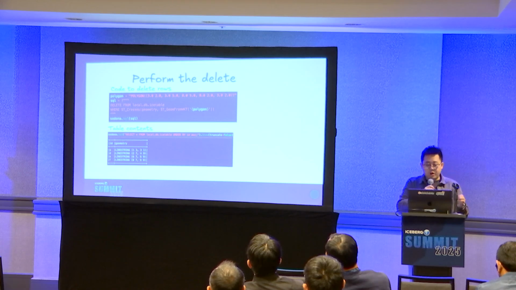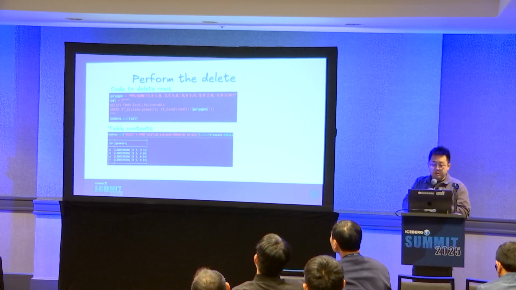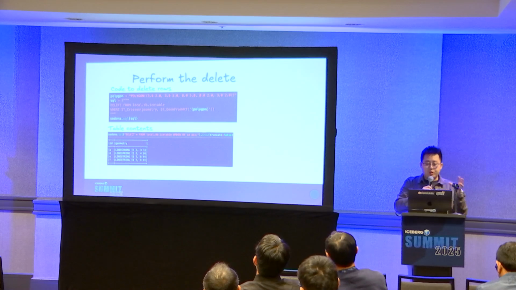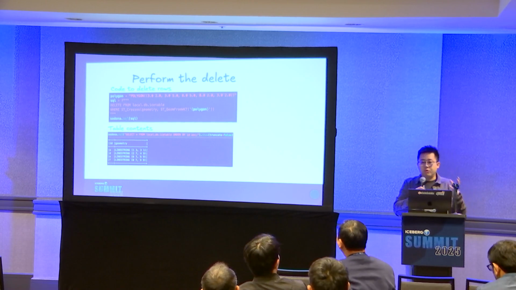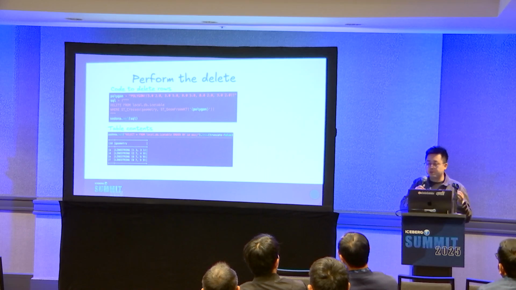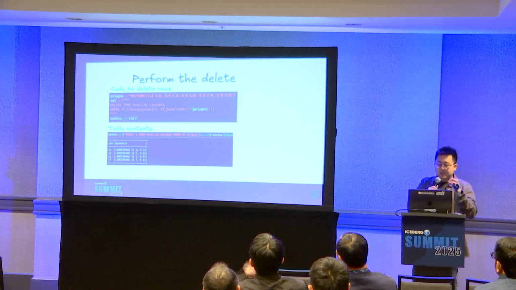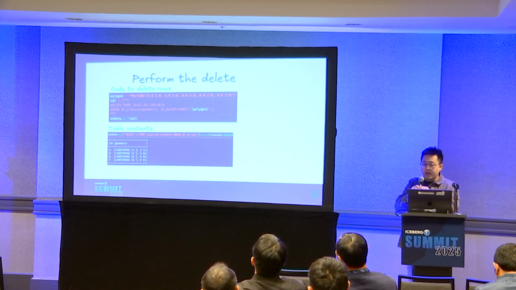There is a DELETE FROM, and there is also a WHERE clause. In this WHERE clause, we use a spatial predicate called ST_Crosses. ST_Crosses is a standard predicate from the spatial SQL standard. It returns true if A crosses B. In this case, A is the geometry column, which are line strings, and B is a polygon.